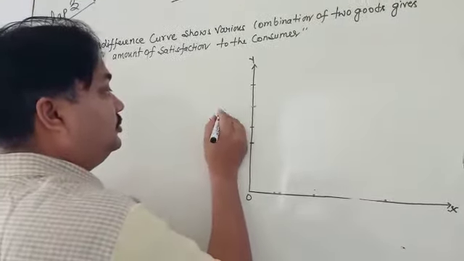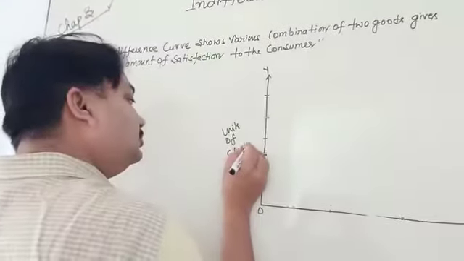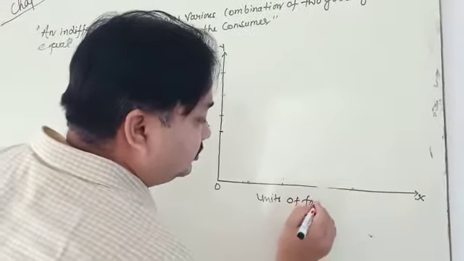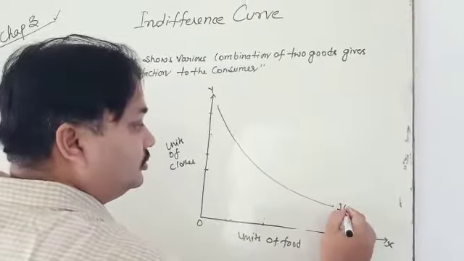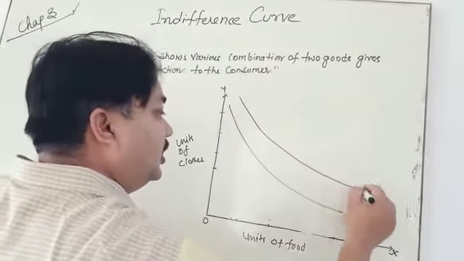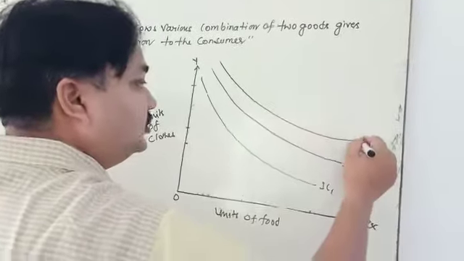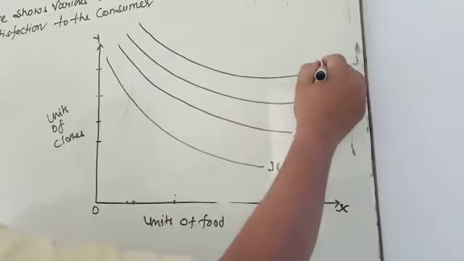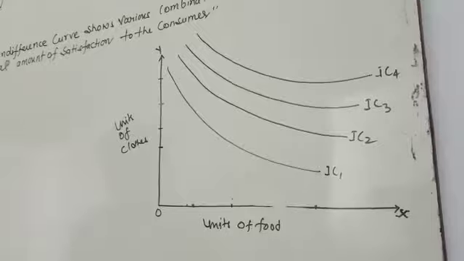Suppose units of clothes and units of food. This is called IC1, this is called IC2, this is called IC3, this is called IC4. There are 4 ICs.